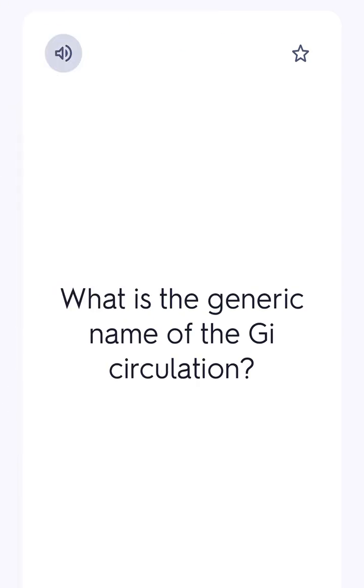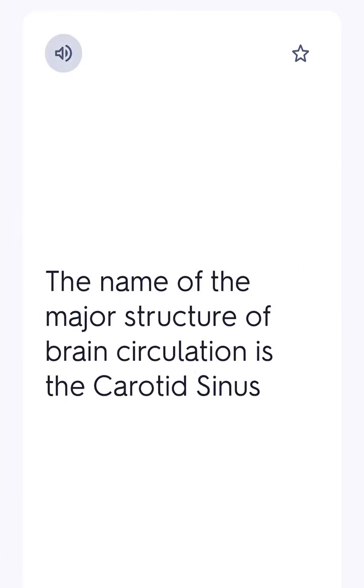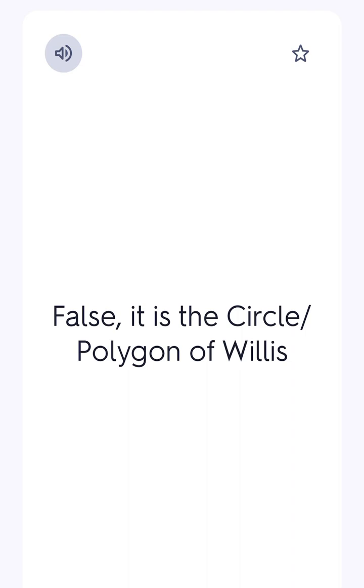What is the generic name of the key circulation? Splanchnic circulation. The name of the major structure of brain circulation is the carotid sinus. False. It is the circle/polygon of Willis.